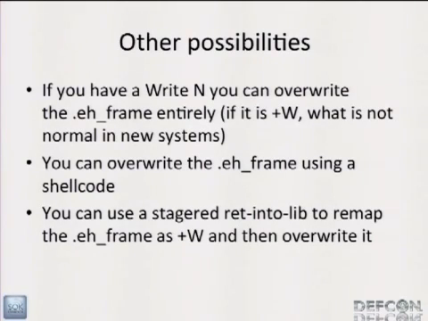You write a minimalistic shellcode that just moves things around in memory. Of course, you can also use a staged return to libc and do the same with the EH frame area. So those are other possibilities that are much simpler than the one we're showing here, where you have a basic primitive and then you need to leak and get the information of the pointer. More details are available in the paper.